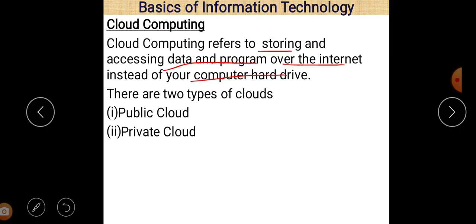So we don't save data in our computer hard drive, we just save our data and access our data and programs over the internet. Not only just storing the data, but also accessing the data and programs over the internet. That is the cloud computing. And there are two different types of cloud computing: public cloud and private cloud. So let us take them one by one.